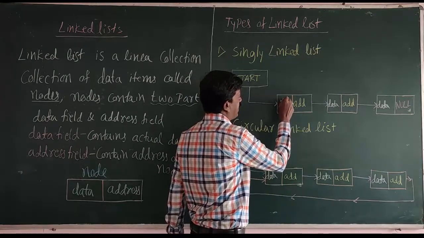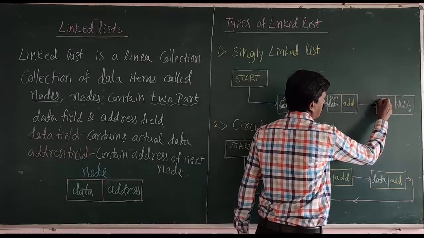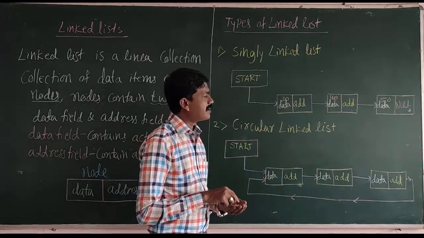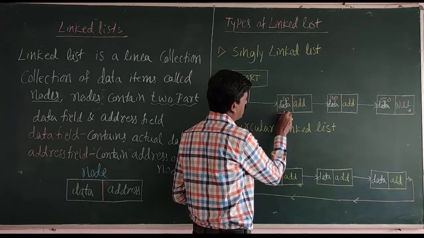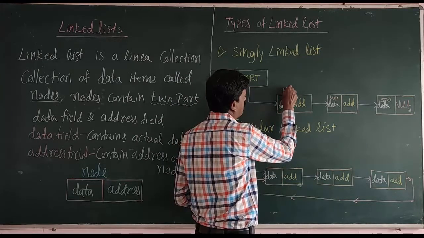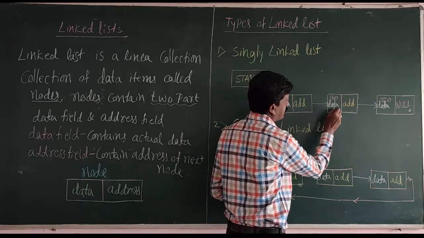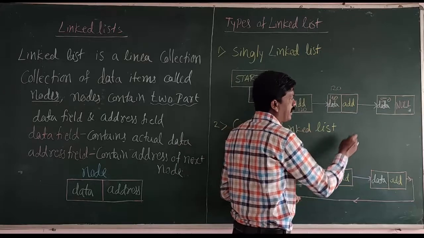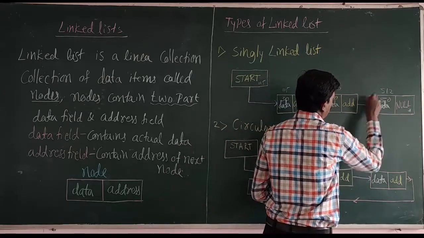Let us consider I want to store 30, 40 and 50. Let us consider the address of this node is 115. The address of this node is 120. The address of this node is 512.